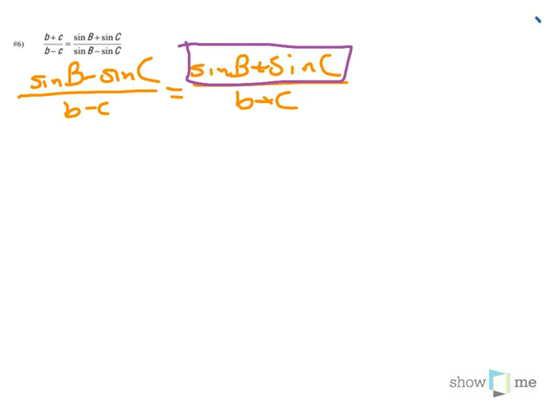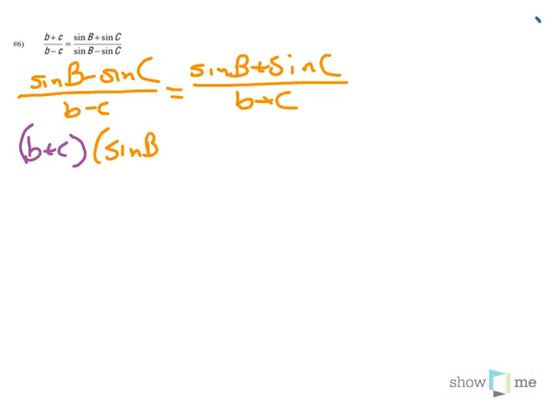What we need to move is this b plus c. Right now it's the bottom of a fraction, we're dividing by it. So the opposite of dividing by it would be to multiply. So let's multiply both sides by b plus c. If you do it on the left, you get the following.